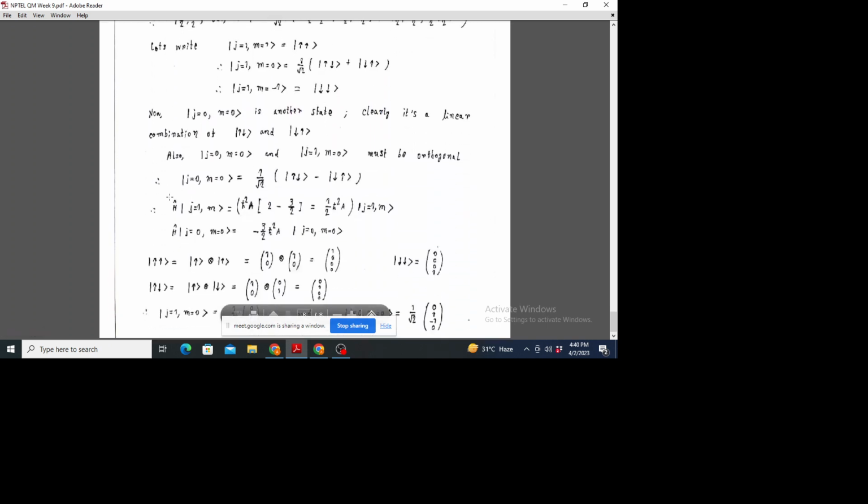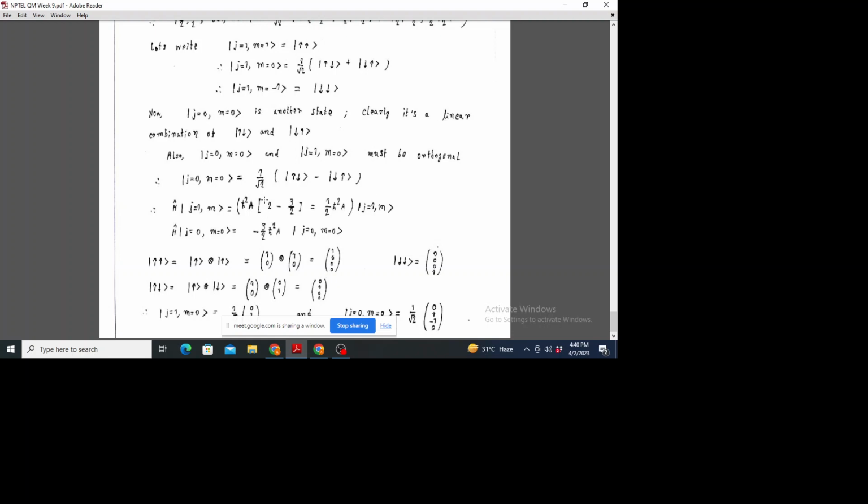So H acting on J equal to 1, comma m, will not depend on the value of m. It will only depend on the value of J. So total a square is J into J plus 1 h cut square, and for J equal to 1 that gives you 2 h cut square.